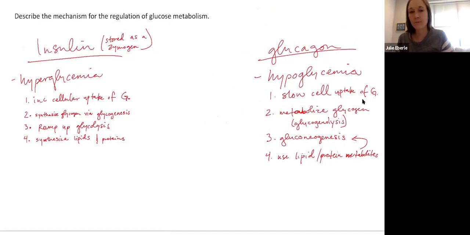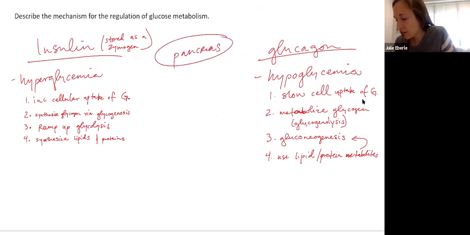Okay, I had a picture for this on the slides that shows the pancreas up here, and these are going to release your insulin or your glucagon, and that's going to go to your liver. Hold your applause, please.